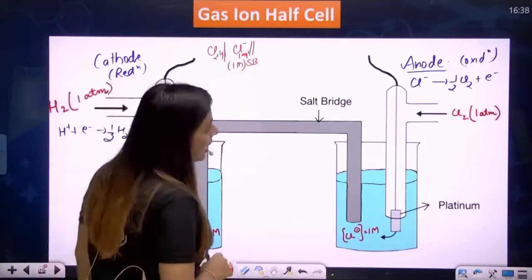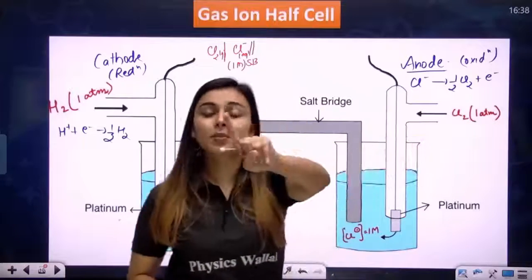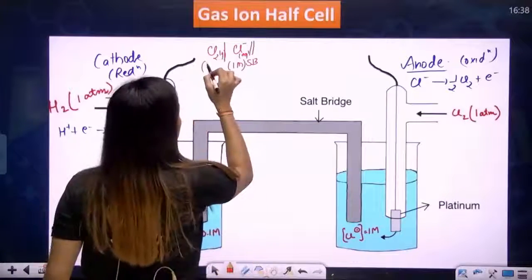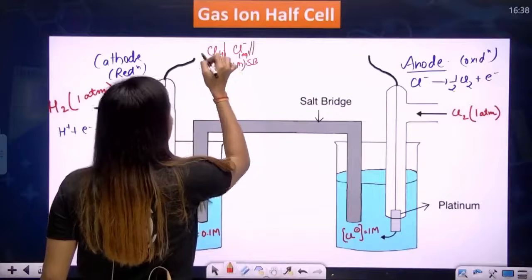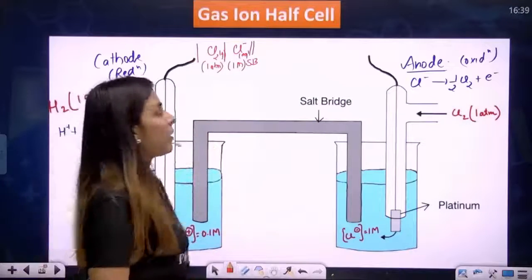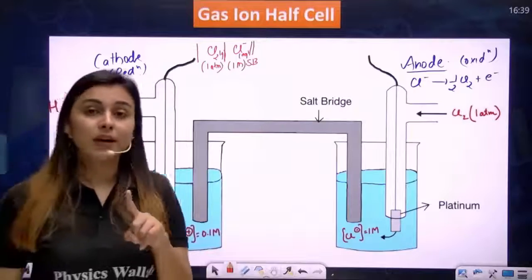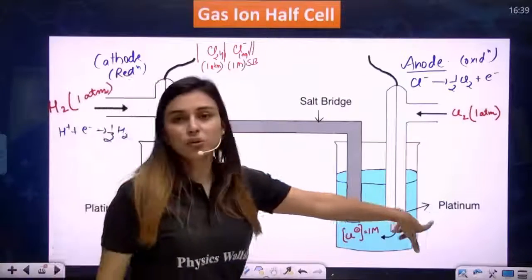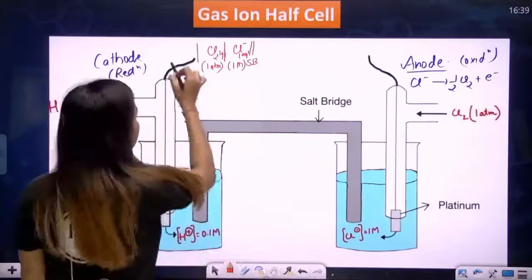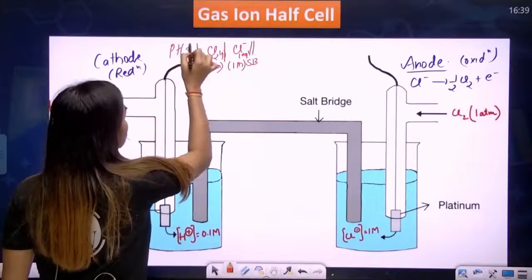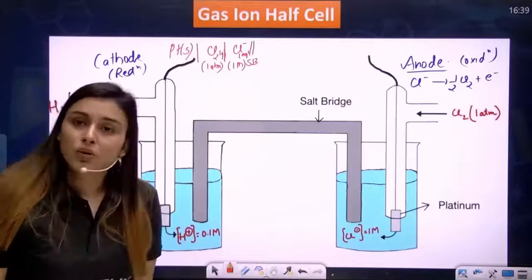Are you given the pressure? Yes, you're given the pressure 1 atmosphere, so you need to write the pressure conditions as well. We've written the ion, we've written the gaseous state. Now you need to write the solid. Which electrode is being used? Platinum. So you'll write platinum solid. This is your anodic representation.